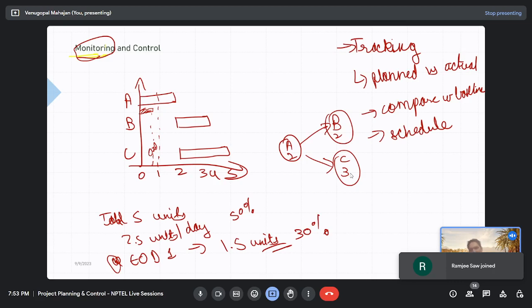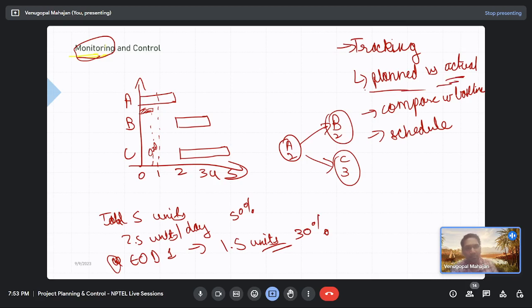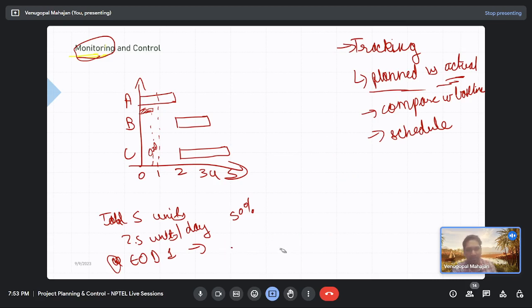Okay, forget this. Let's go to more basic. Planned versus actual, what all things can you compare? I will even remove all this. Planned versus actual, that's what you said, na?